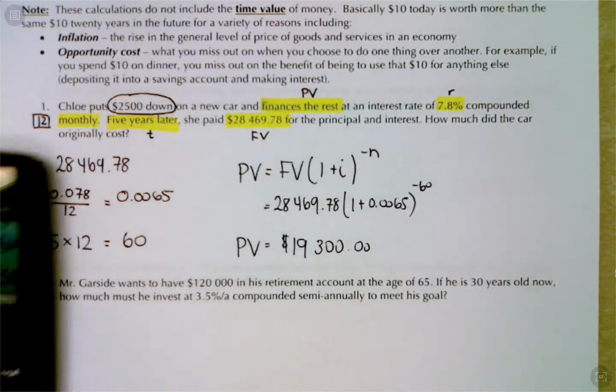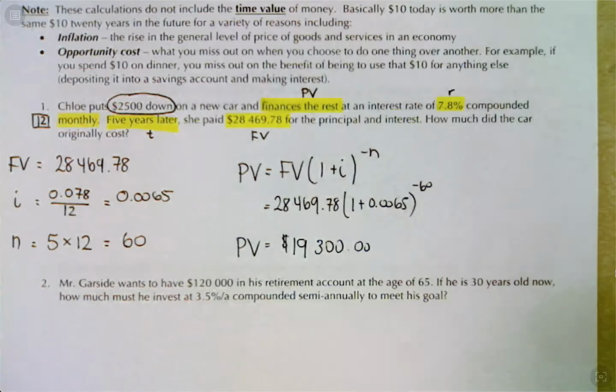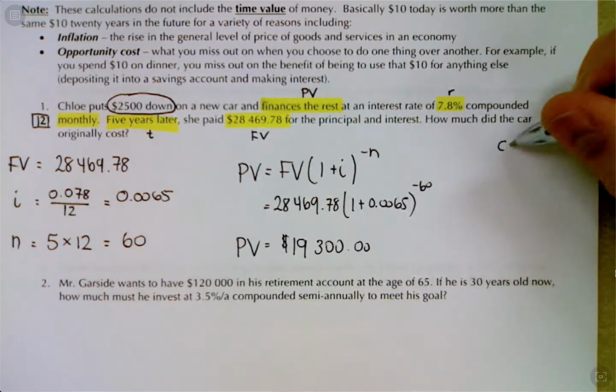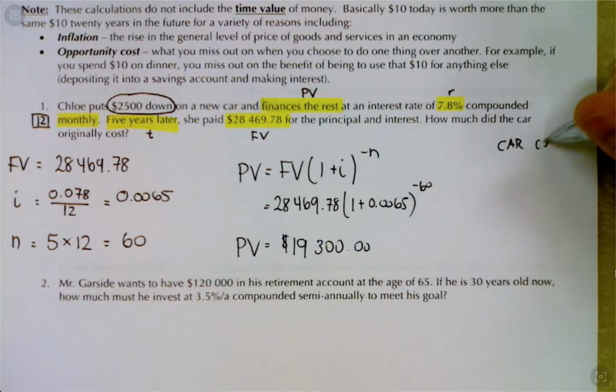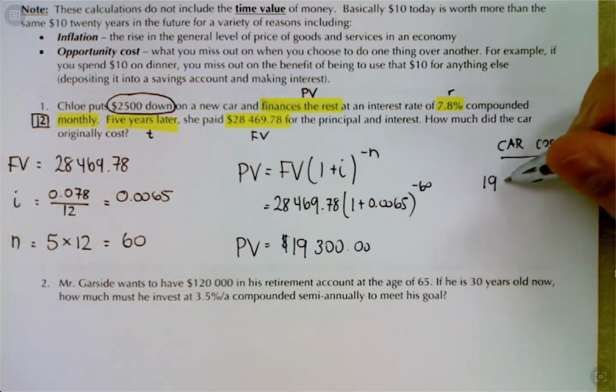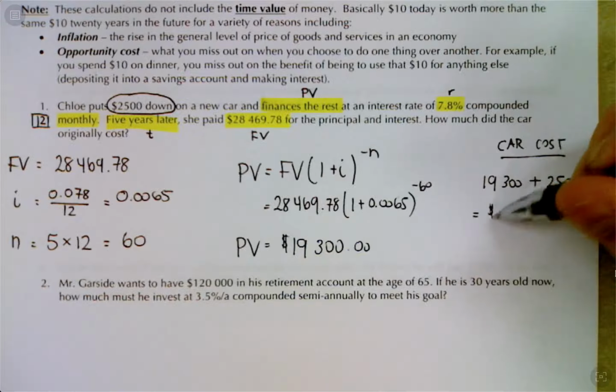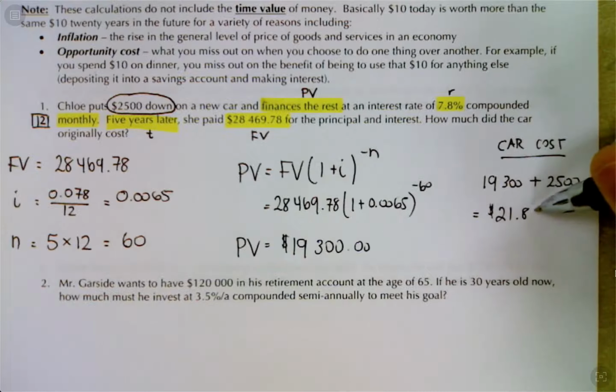So that's how much she financed. Plus the down payment. Down payment comes off the price of the car when you buy it. So how much did the car cost? Well, it costs 19,300 plus 2,500. So the value of the car was $21,800.